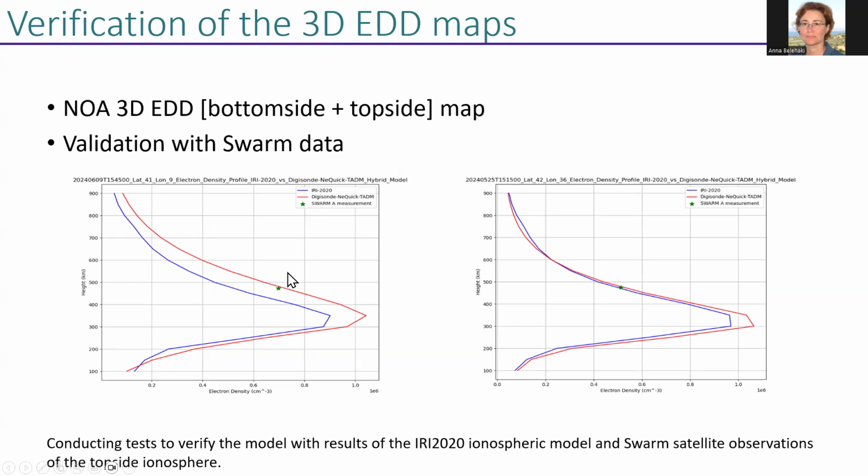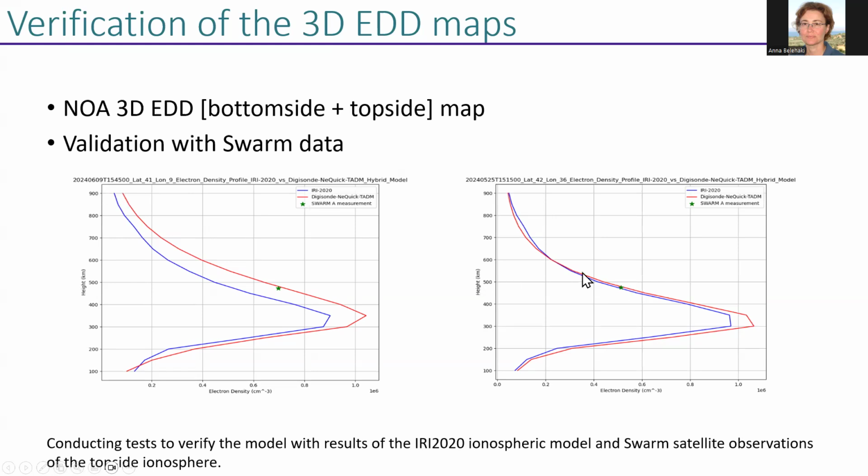With the green star, you can see the Swarm in situ data for this timestamp, which is a daytime ionogram taken on the 9th of June of this year.